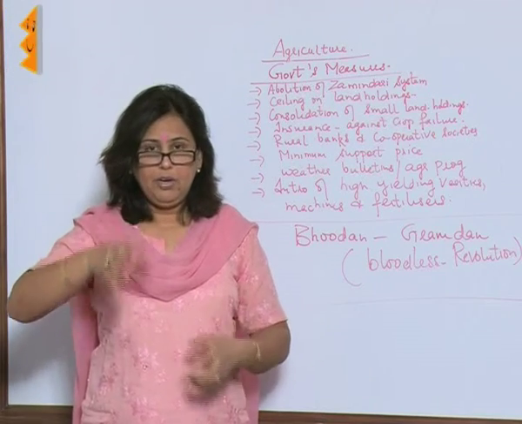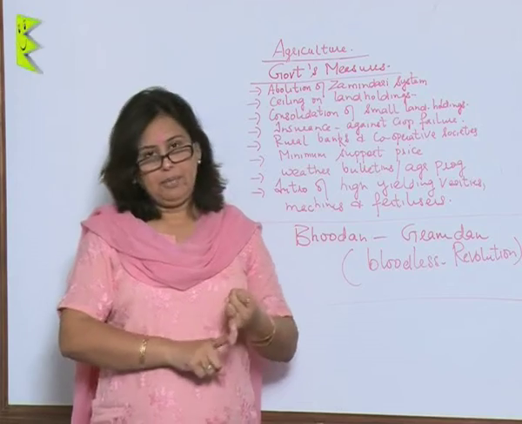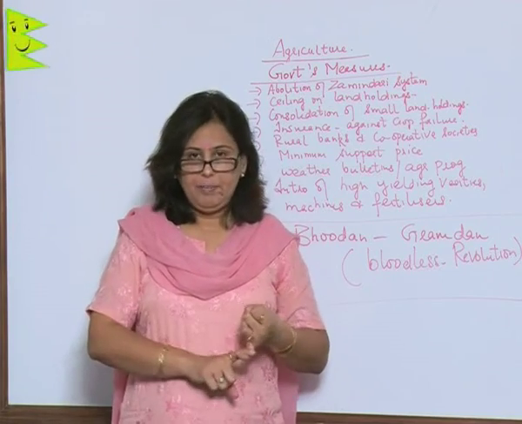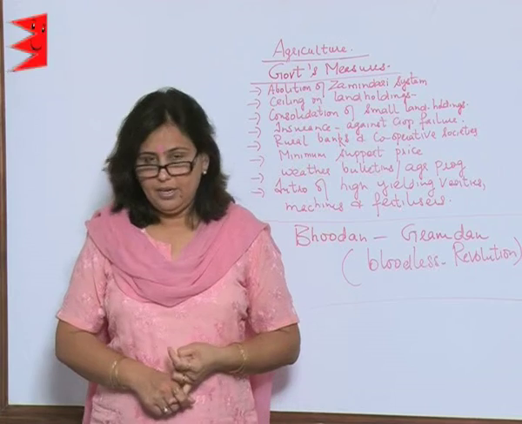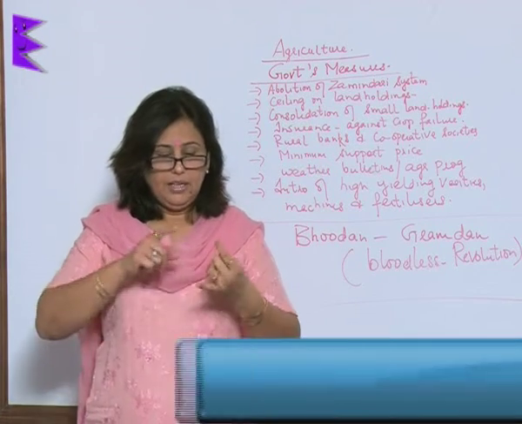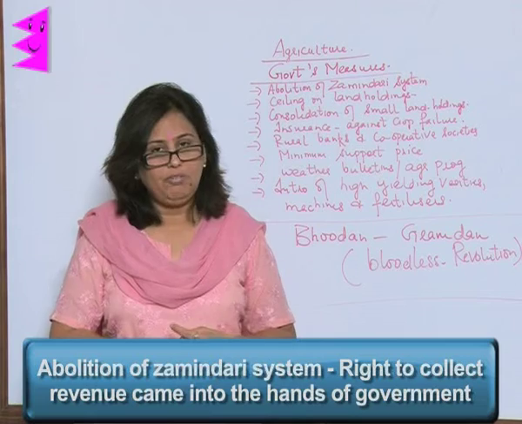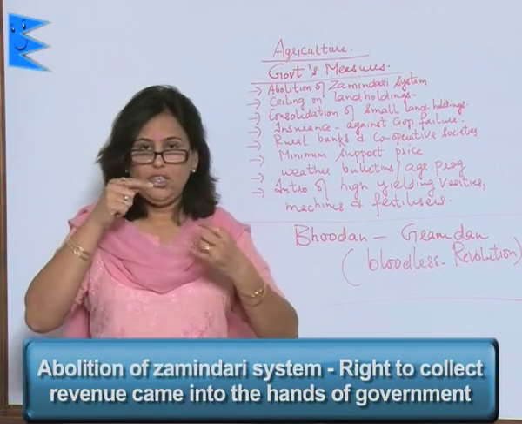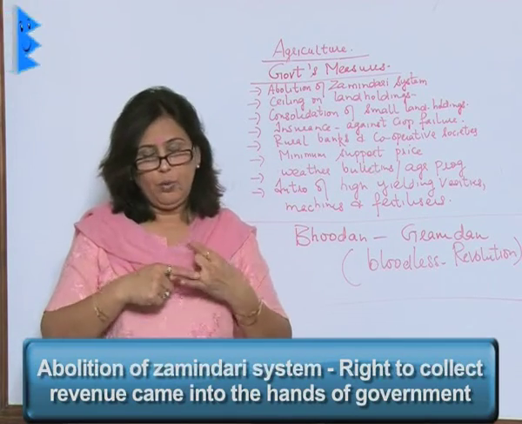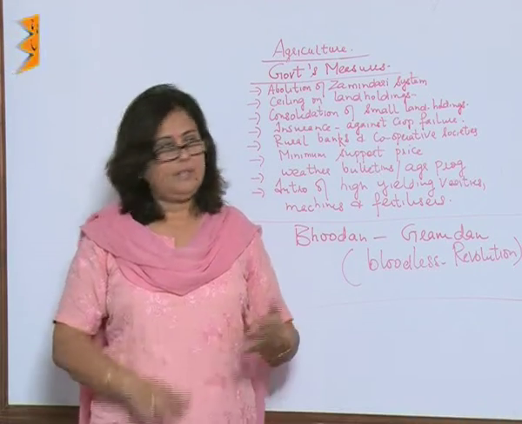So, the first step that the government took after independence was to abolish the zamindari system in India. That is, the right to collect revenue now solely came into the hands of the government, and the exploitation and oppression which the big zamindars were inflicting on the farmers has definitely decreased.